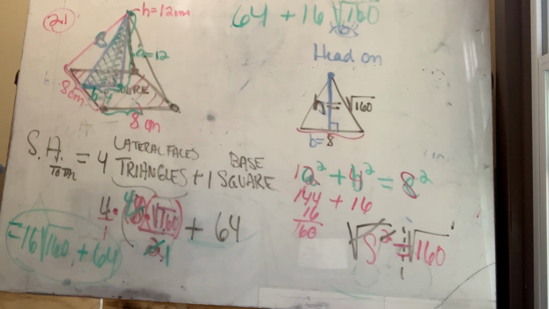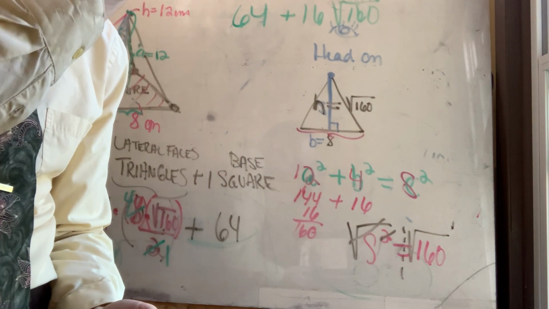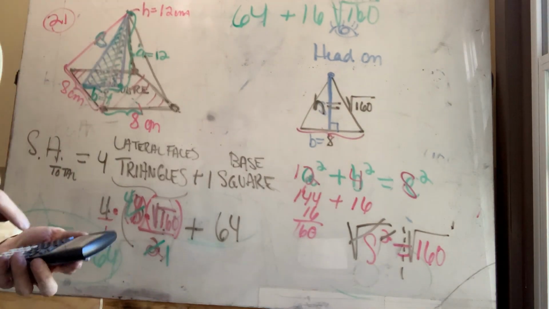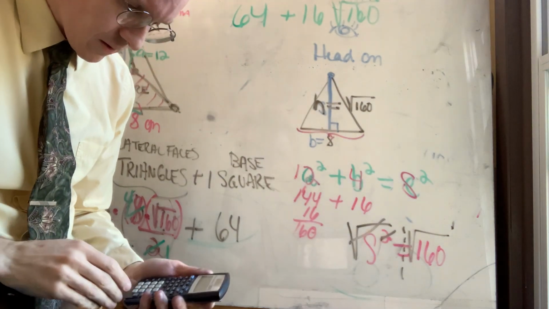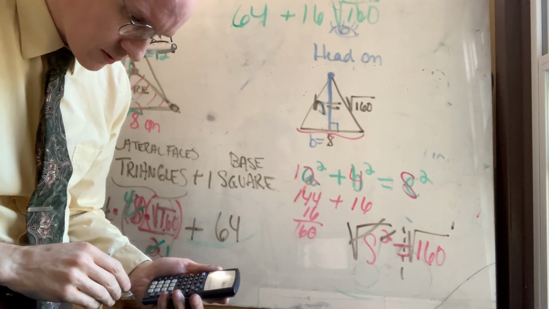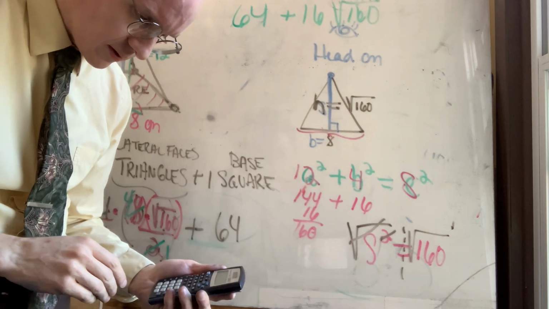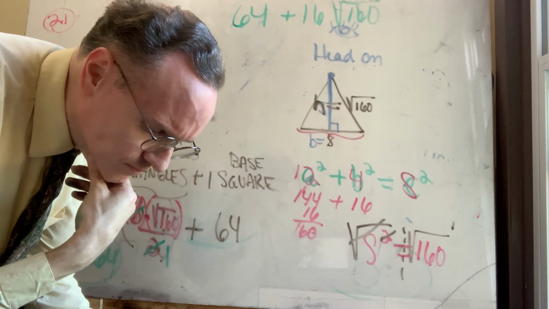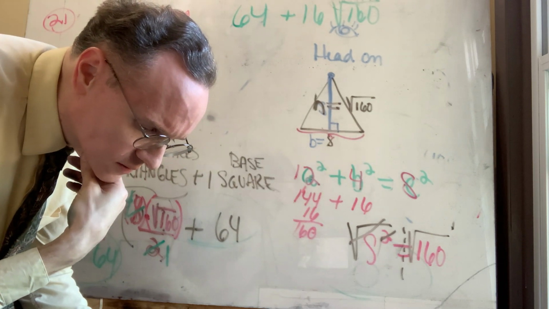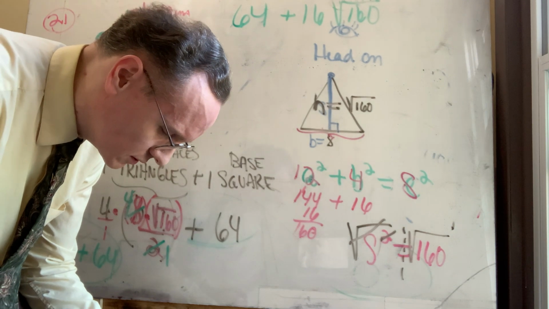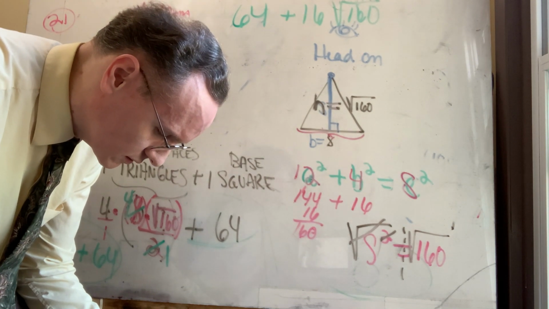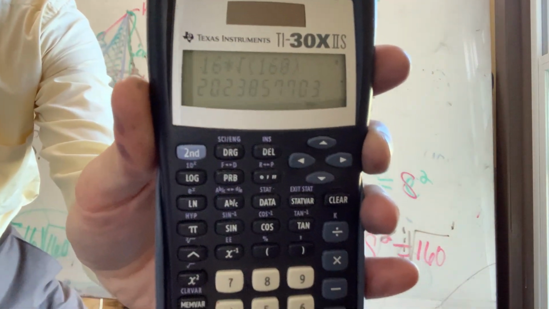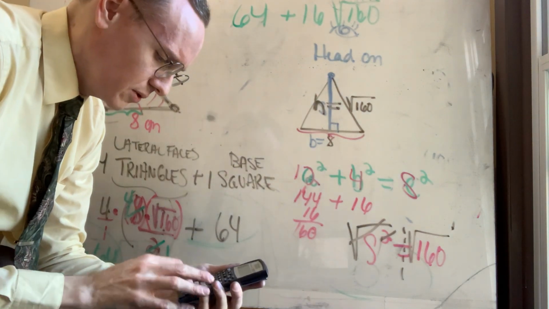Okay, and this is what you get. Clear, sorry. I'm off by a decimal place, forgive me one minute. 16 times the square root of 160, which is 202 point something, plus 64.